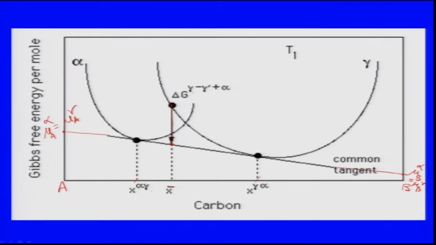They have to be touching each other, so there will be no phase transformation. These are the equilibrium compositions when the system is at temperature T1 and atmospheric pressure.